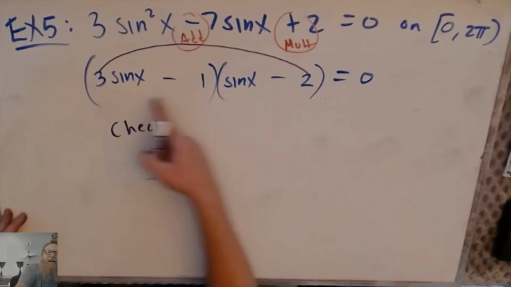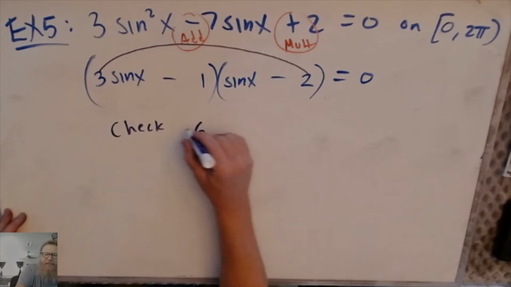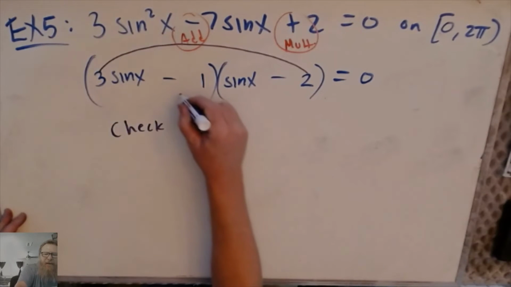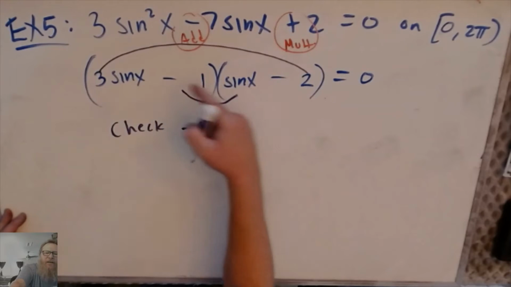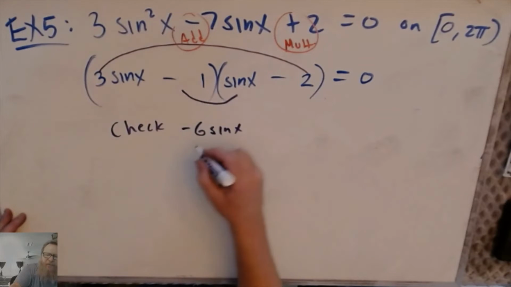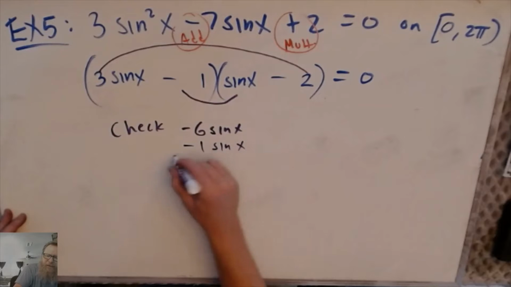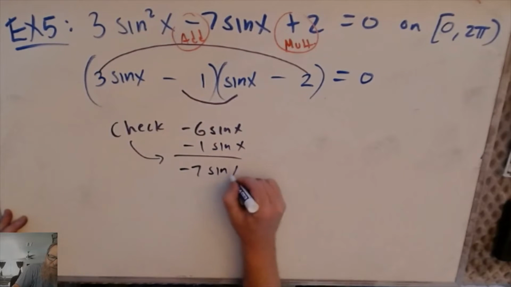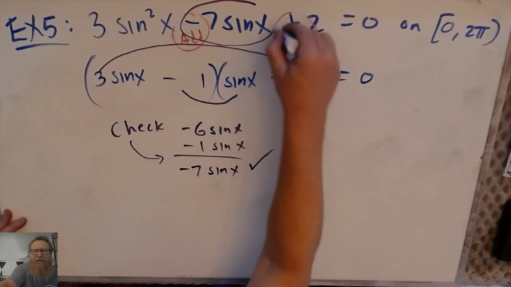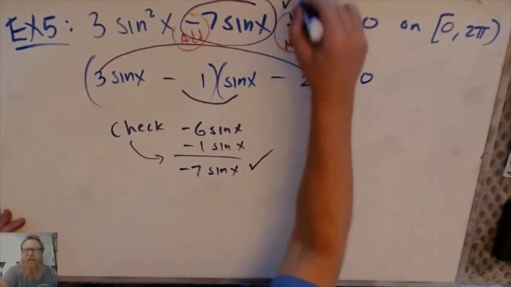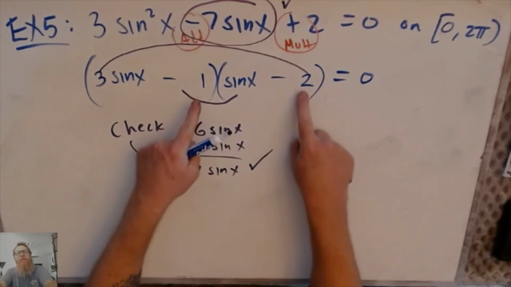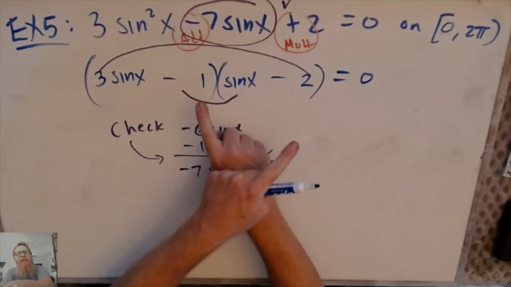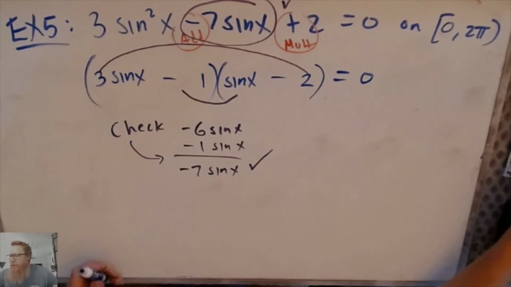Yeah, 3 sine and 2, so you get negative 6 sine, and then multiply the inner. Negative 1 times sine is negative 1 sine. And you want to check that the middle term comes out to be negative 7 sine. Check. If you put the 2 and the 1 accidentally in the wrong spot, now would be your chance to fix it.